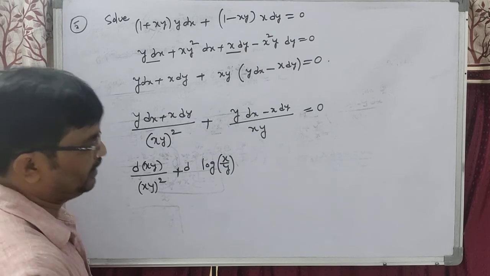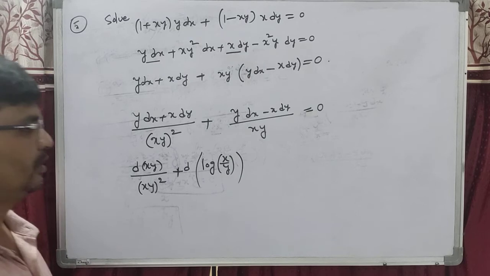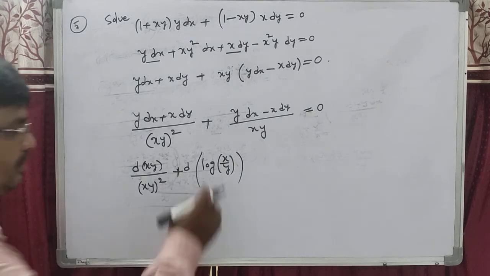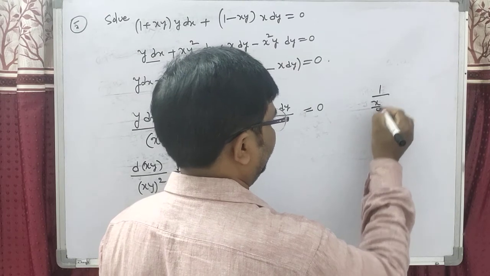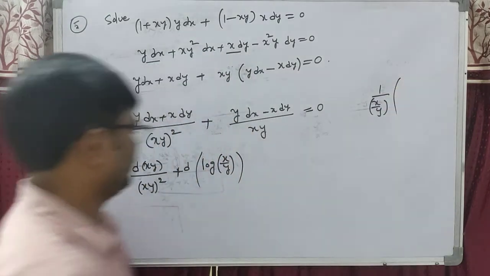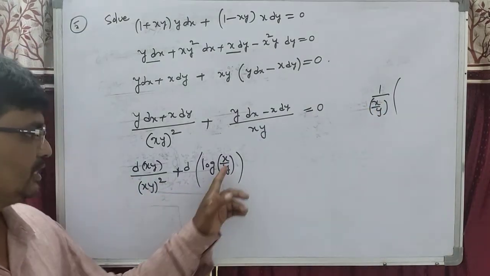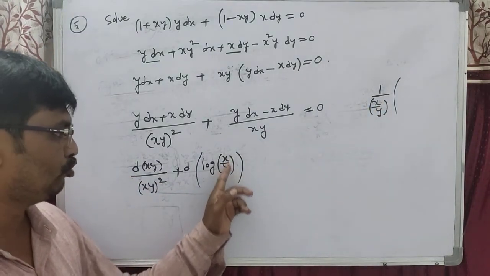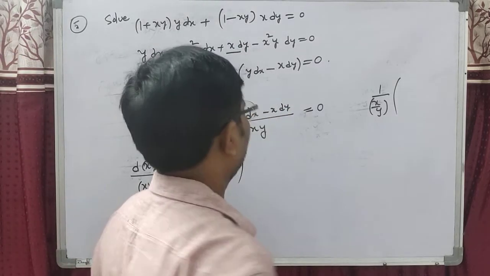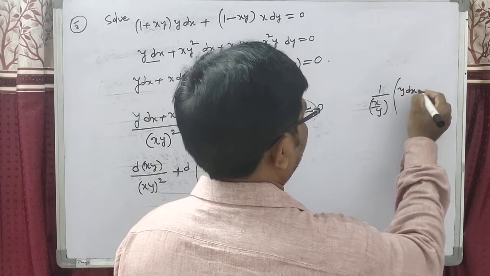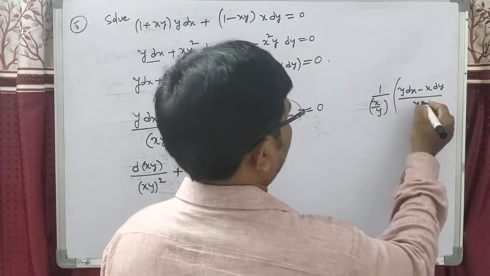Now my dear students, the derivative of log of x by y, you can check it: the derivative of log is 1 by x by y. After that, you have to compare with u by v, which is y into dx minus x into dy by y square.